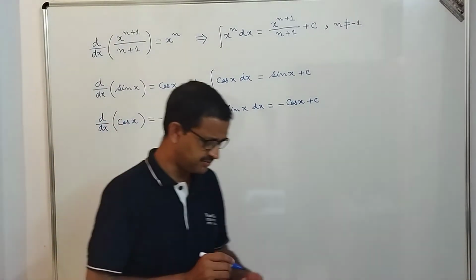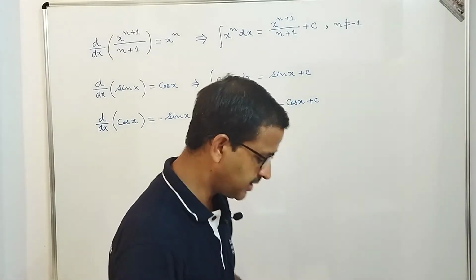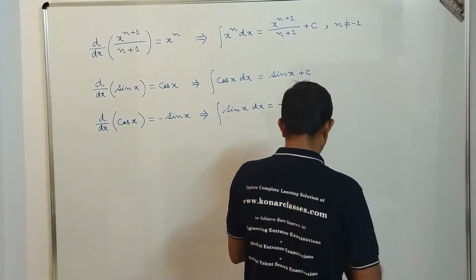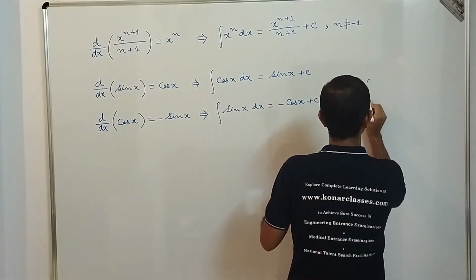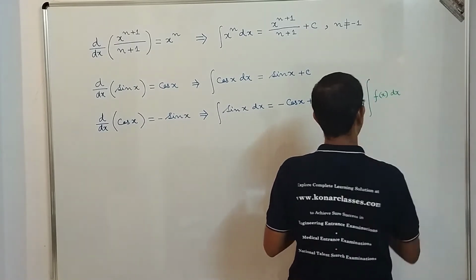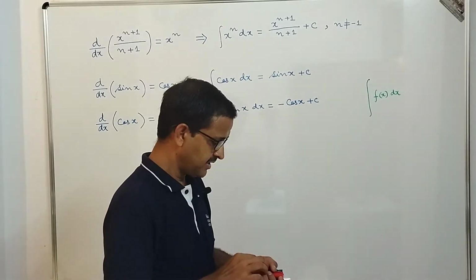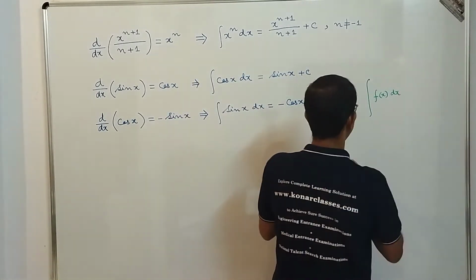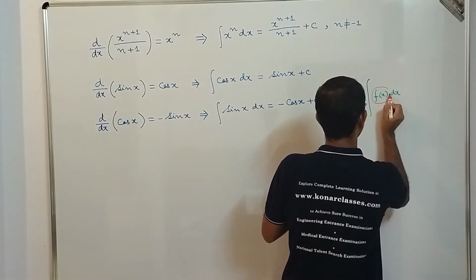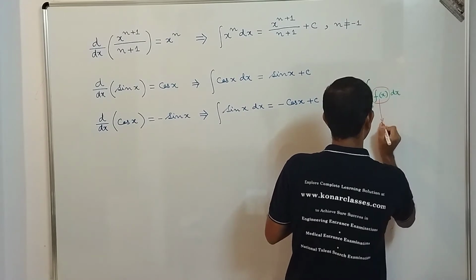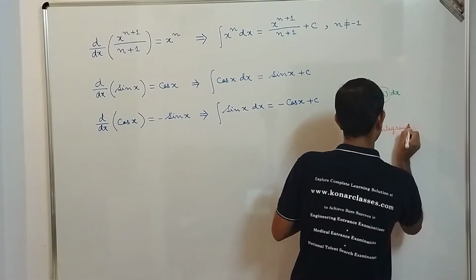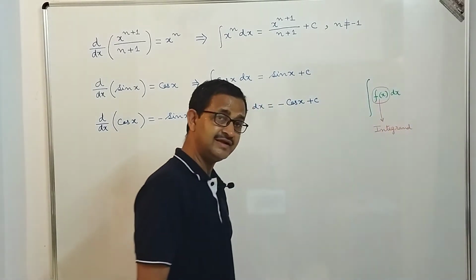I will proceed after some time, but before that I would like to tell you a few terminologies about integration. Whenever we write the integration of f(x) dx, let us understand a few things. The first thing is that the function whose integration we are going to find is known as the integrand.